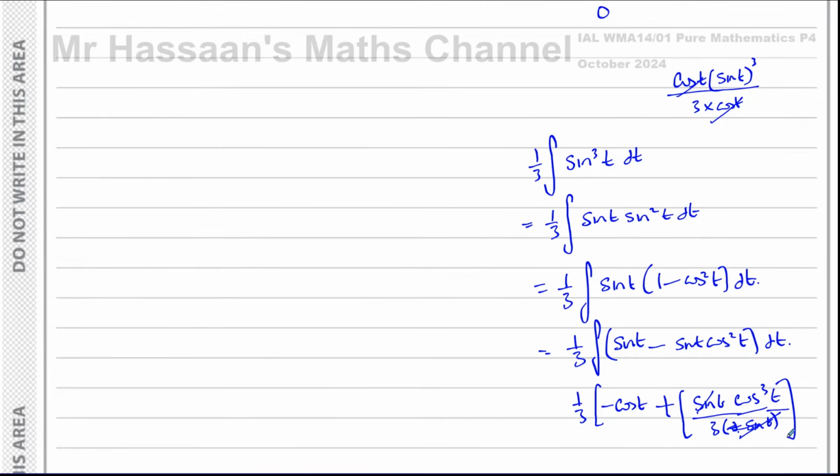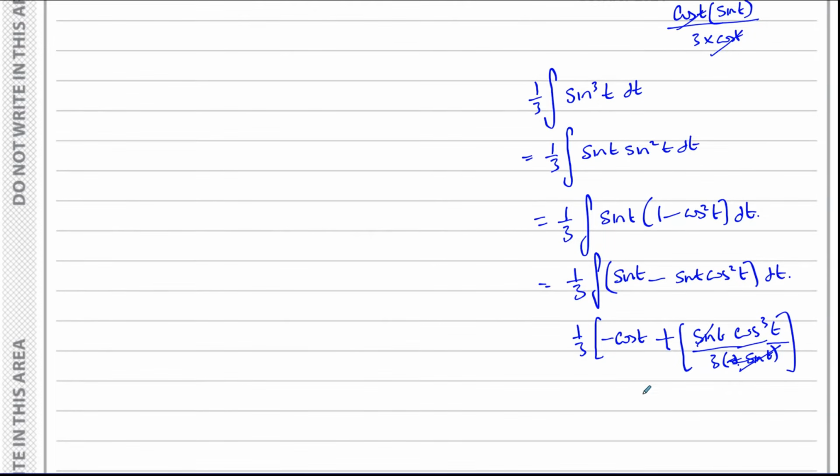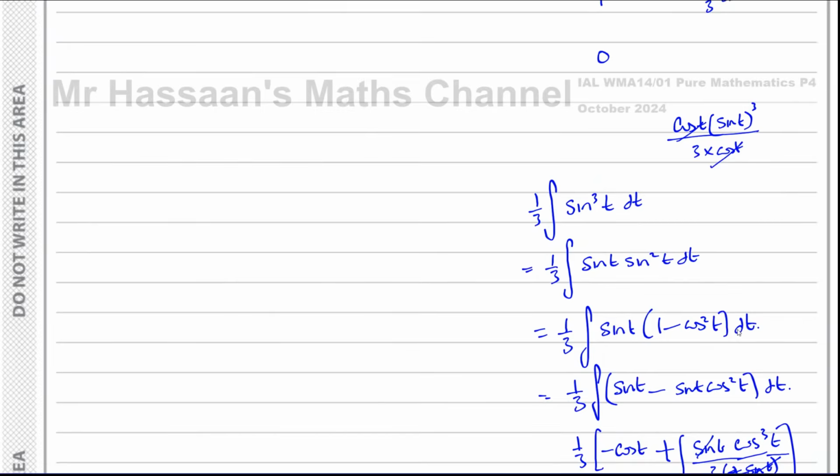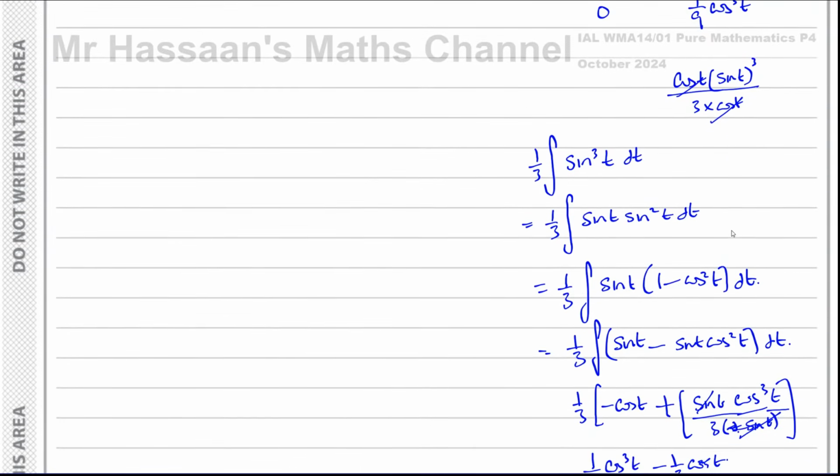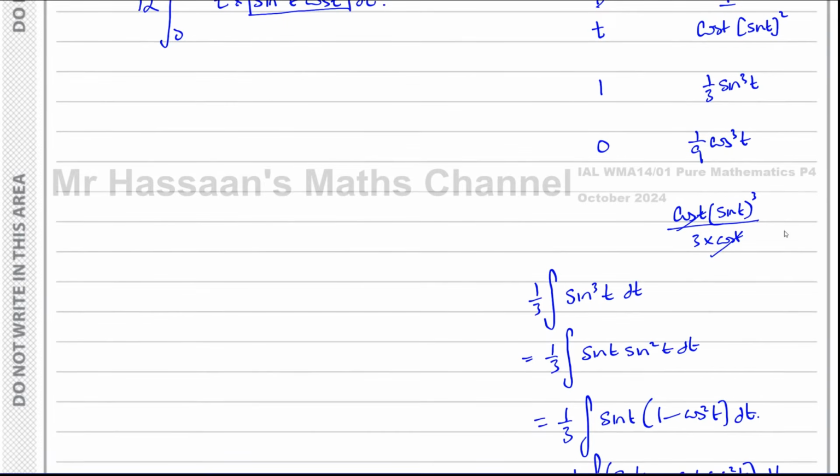So I'm left with 1 over 9 cosine cubed t minus 1 over 3 cosine t. So that's what this becomes here. It's 1 over 9 cosine cubed t, which is a bit of a hassle here, minus 1 over 3 cosine t.